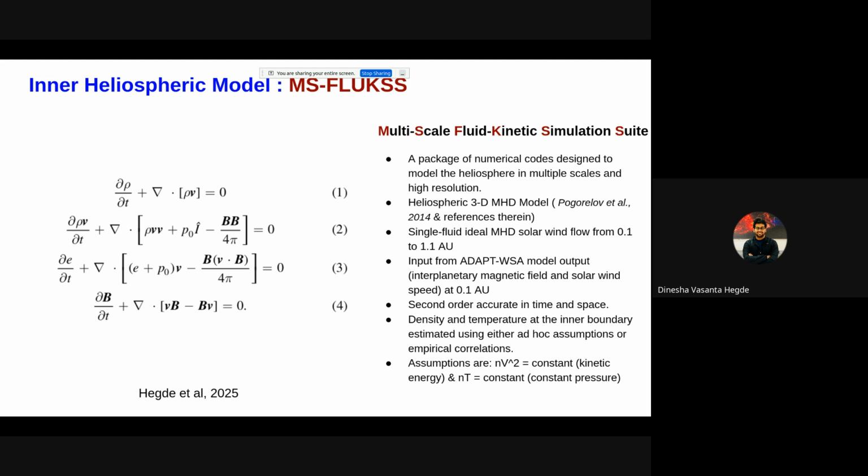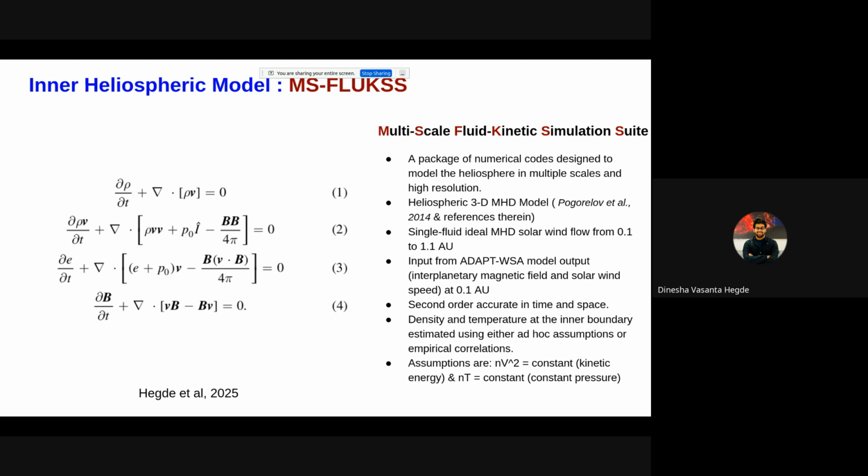We derive the density and temperature after we get the velocity and the magnetic field, with different approaches, like directly using the correlation between velocity and density, and velocity and temperature. But in this case, since I'm using multiple spacecraft in validation, and PSP was also at the boundary, I used the approach of constant kinetic energy and constant pressure to get the density and temperature.